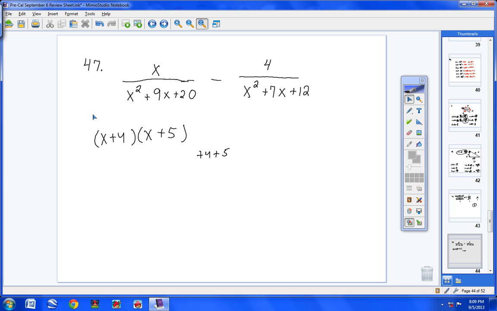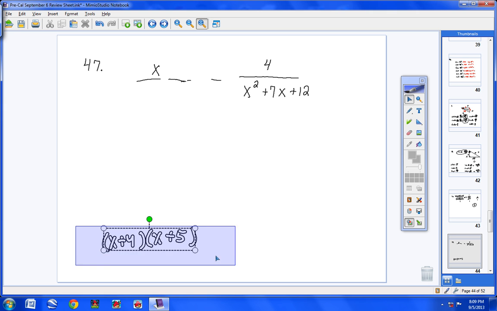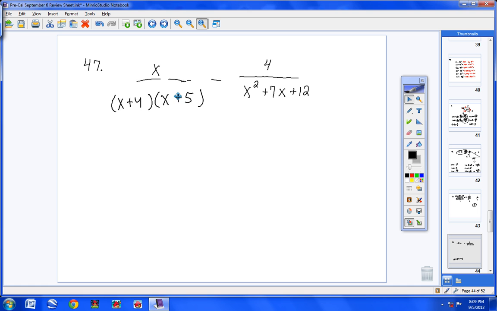Okay? And so let's go ahead and do this and slide that out of the way. And now our denominator has changed to this right here. All right, now let's go ahead and factor this denominator over here.